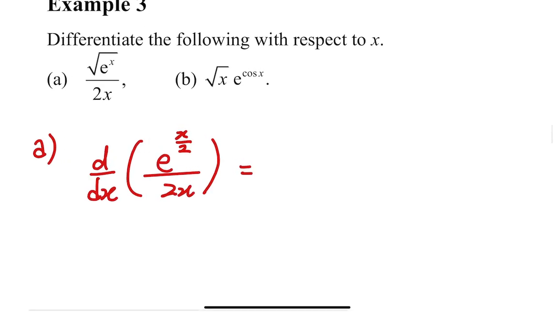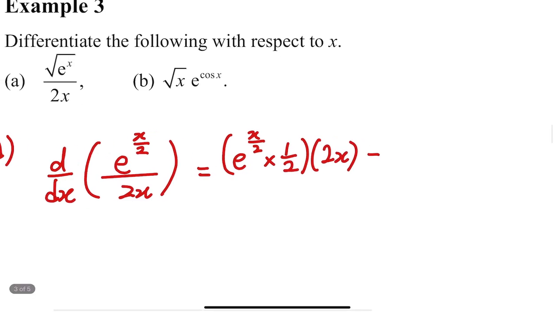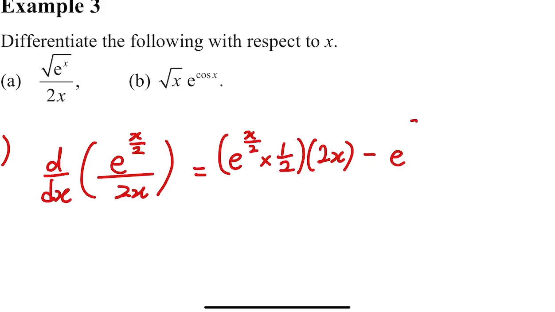Differentiate this is keep e power x over 2 times half, differentiate the power, then this whole thing multiply by denominator 2x, then minus away. Now keep the numerator e power x over 2, then now differentiate the denominator, which is 2.